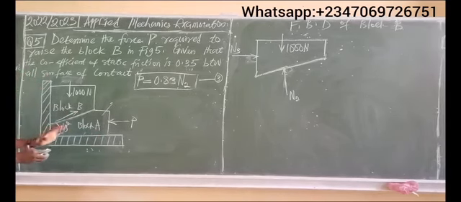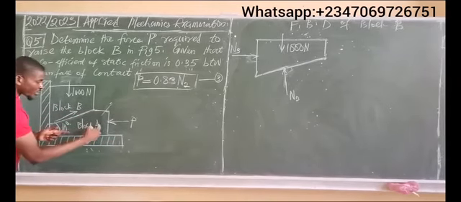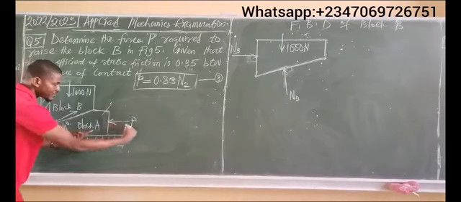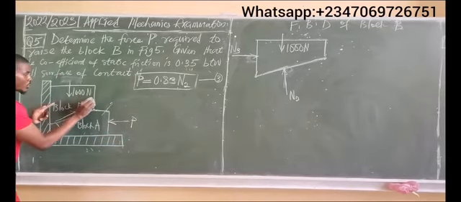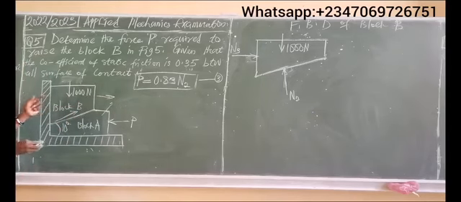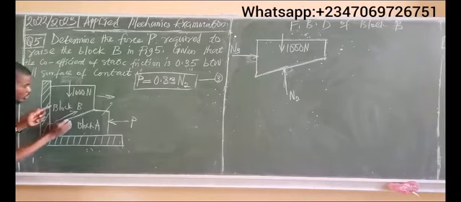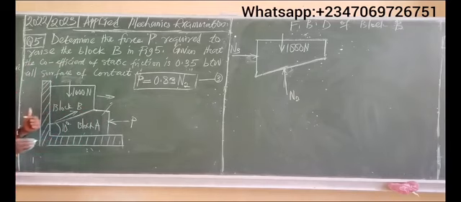The aim of this wedge is to pull this load up this plane. So if block A is compelled by this force to move to the left, it means block B will move to the right, and up the incline until it gets to this top. That's the essence of this wedge.